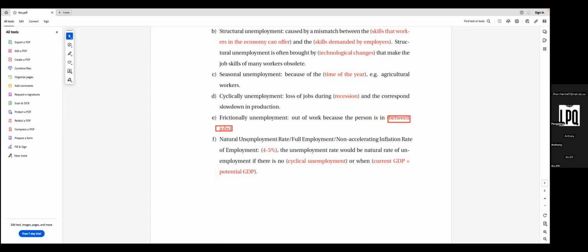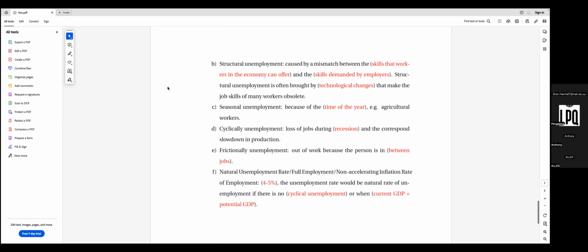You want to find another job, maybe in another industry, in another city, maybe in another country. So you are in a transitionary period where you quit the previous job and want to find a new one. This kind of thing we call frictional unemployment.